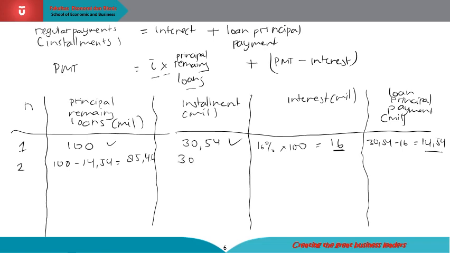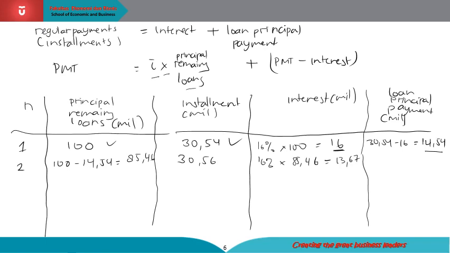Again, this is the payment we should give, but the interest for the bank is actually 16% out of 85.46, which is 13.67.